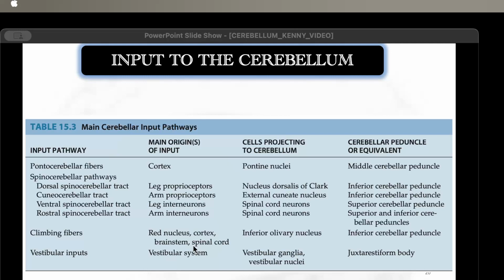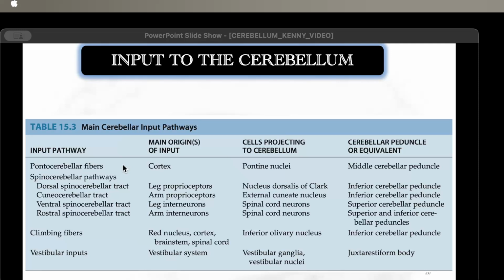Now let's break it down. Input from the cerebral cortex will use the pontocerebellar fibers. These are the fibers that connect the pons and the cerebellum. This is just for simplification.